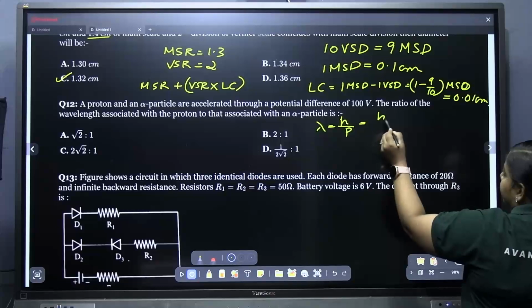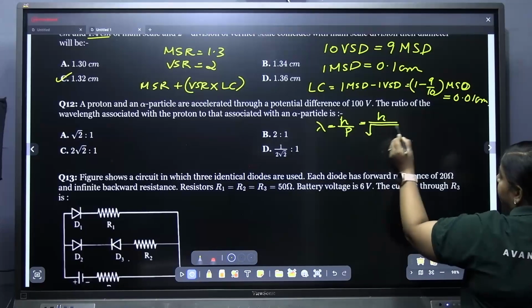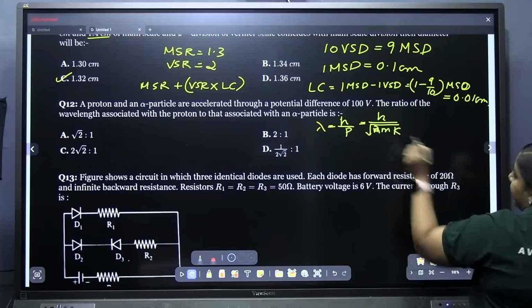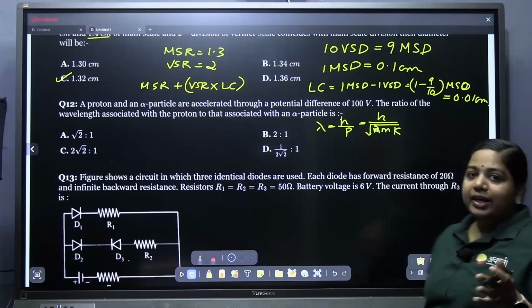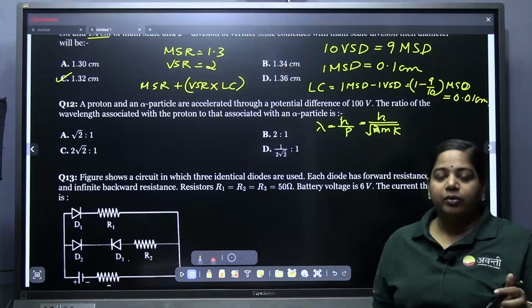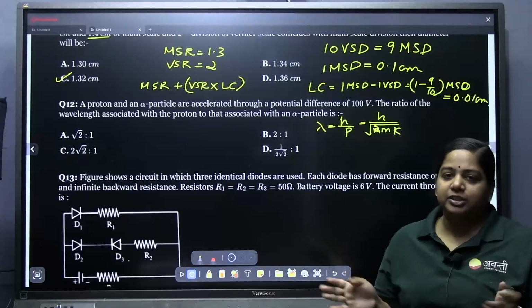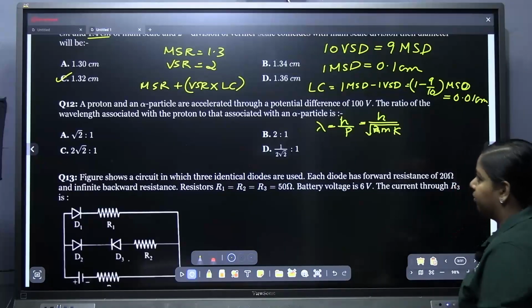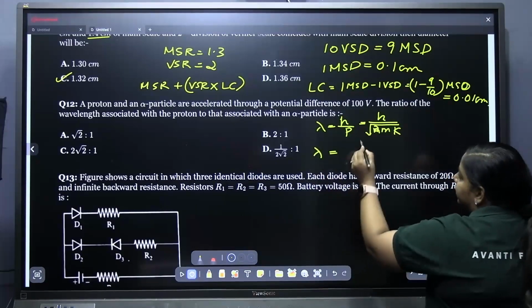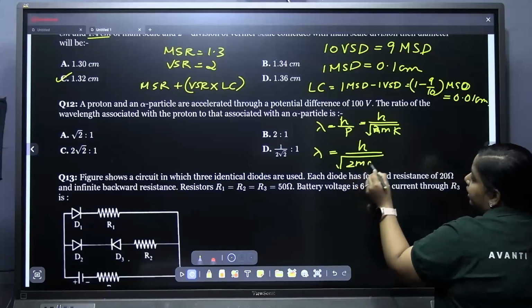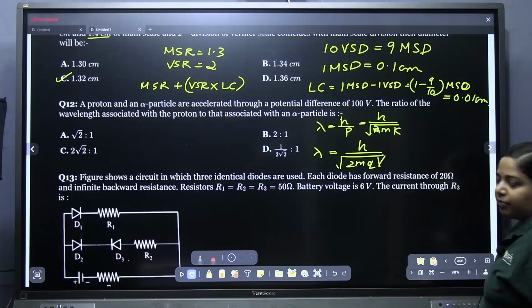So we can write h by root 2 m K, kinetic energy. Kinetic energy will be equal to charge into V, potential energy. So lambda is equal to h by root 2 m q V.